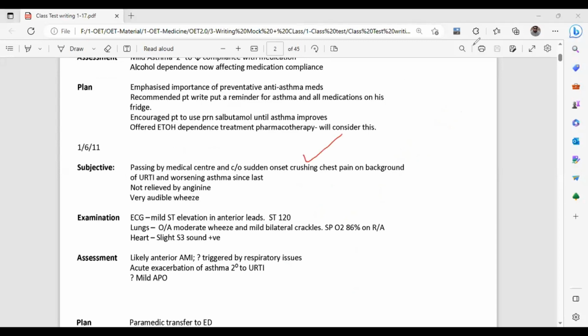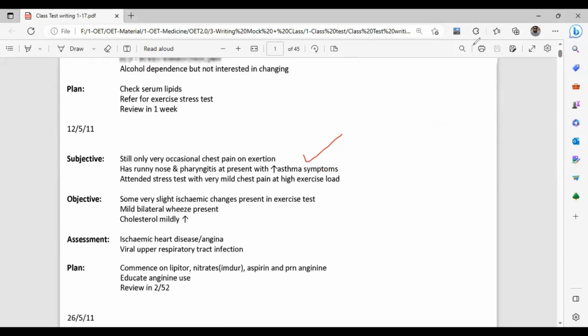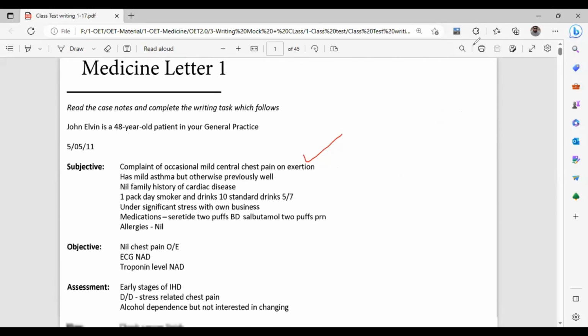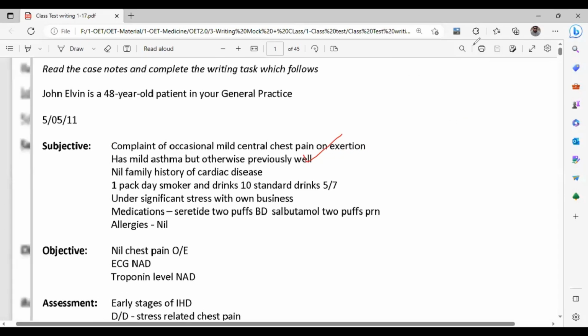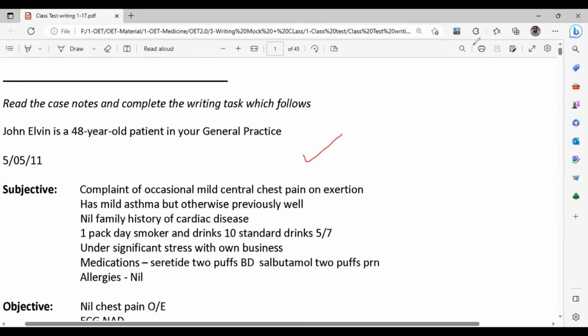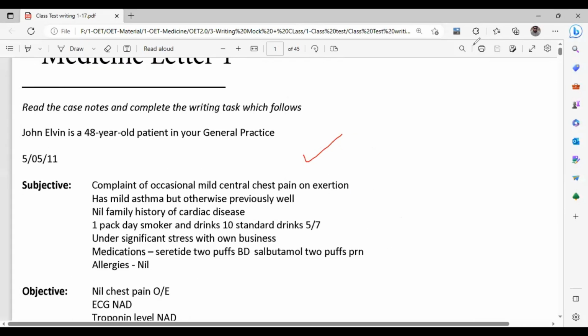Now, if this is clear to you, just have a quick look over there. We have a crushing chest pain, though no need to mention that. But to make it more clear, start reading the case notes with reference to the purpose of writing and the selection of case notes. You need to see which information is relevant and which is not. With reference to the differential diagnosis and the recipient, do you think the mild chest pain is important to be written or not?